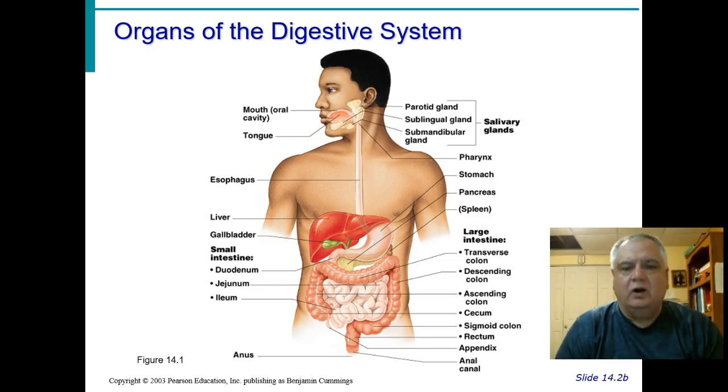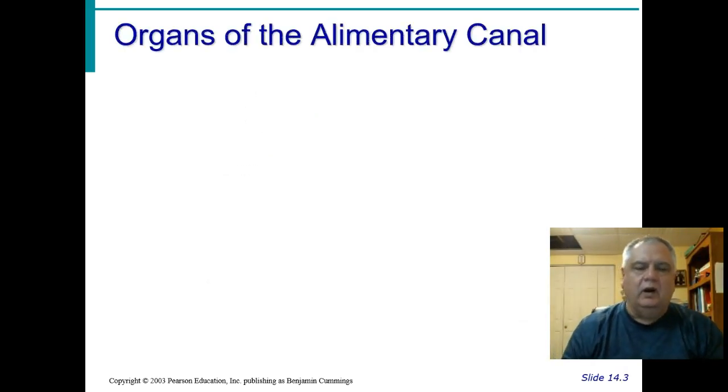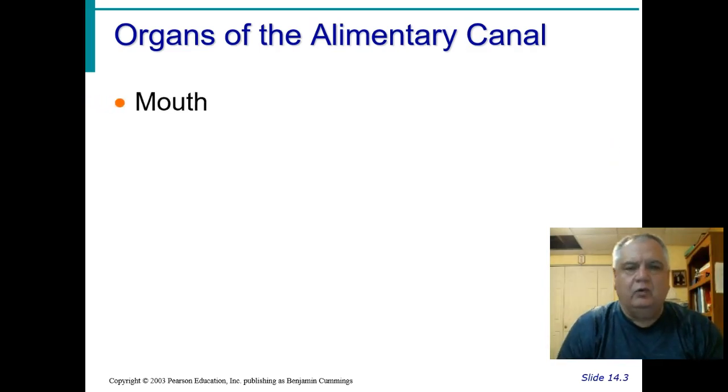So here is our slide where we put all the organs of the digestive system together. We can see, and we'll be referring back to this, all the organs and their relationships to one another in the body. All right, let's begin with the alimentary canal organs.